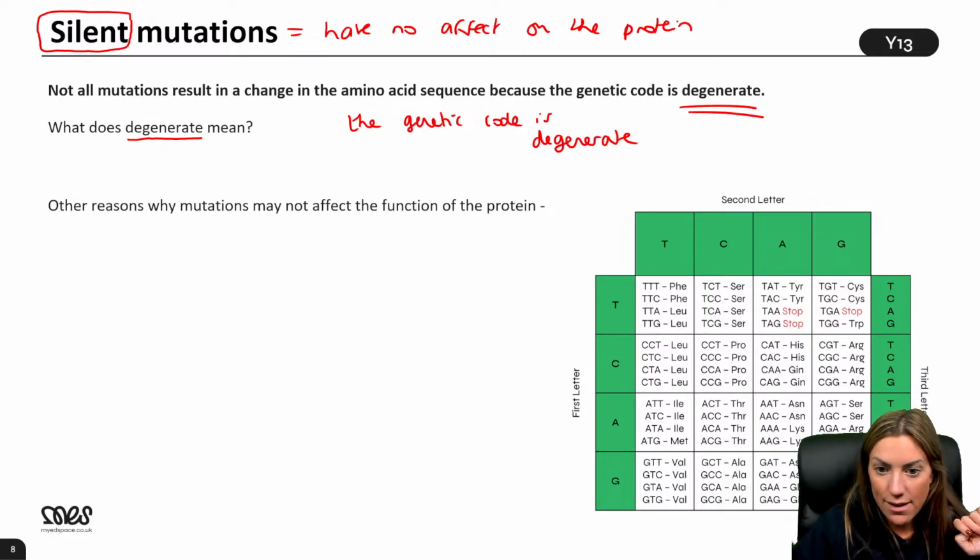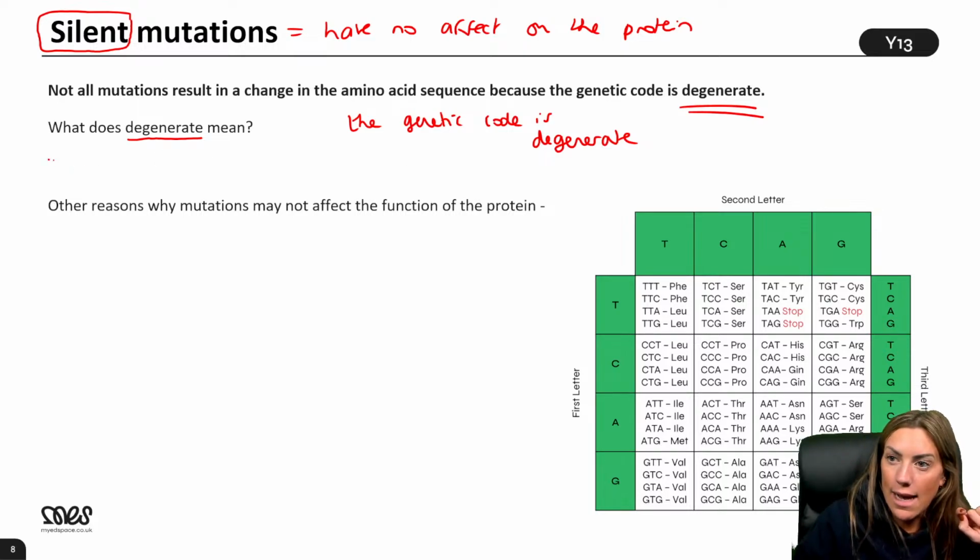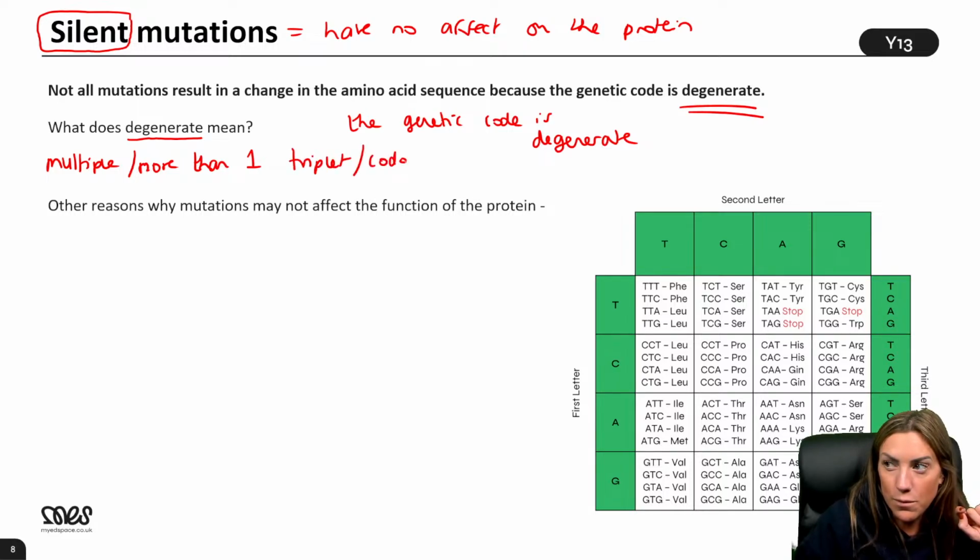Good, Sienna. Good, Felicity. Good. Multiple triplets code. I like that one. Multiple, or you could just say more than one triplet or codon can code for the same amino acid.